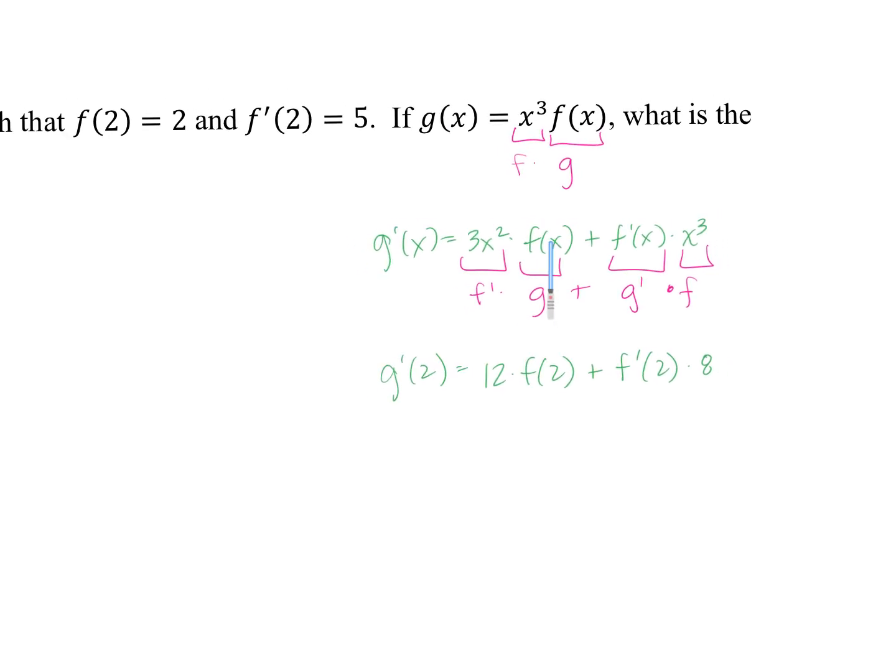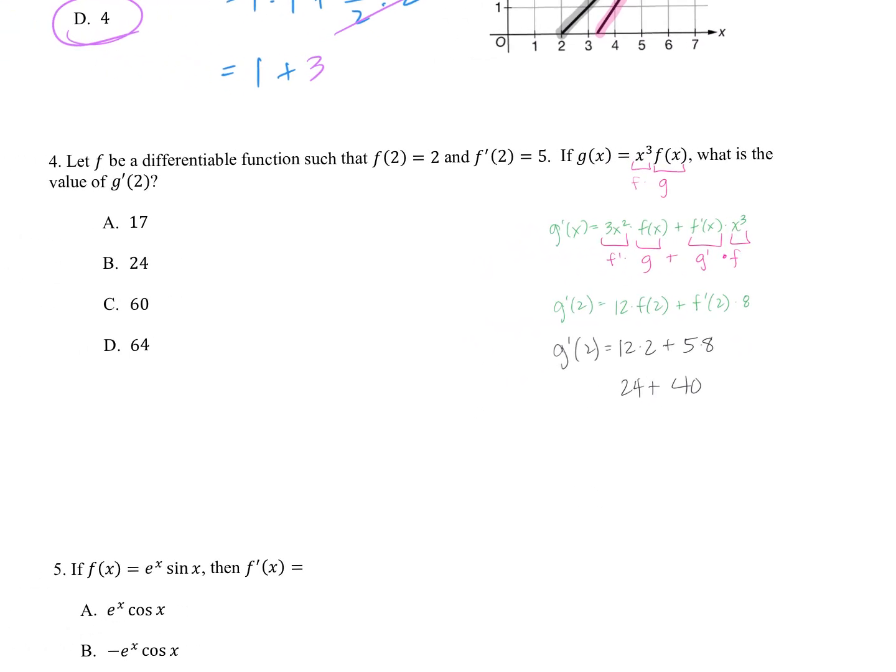I plugged a 2 in for this x, and I plugged a 2 in for this x. Okay. Now I need f of 2. Did they give it to us? They gave it to us. 12 times 2 plus, did they give us f prime at 2? Great. 5 times 8. 24 plus 40. Final answer? 65.